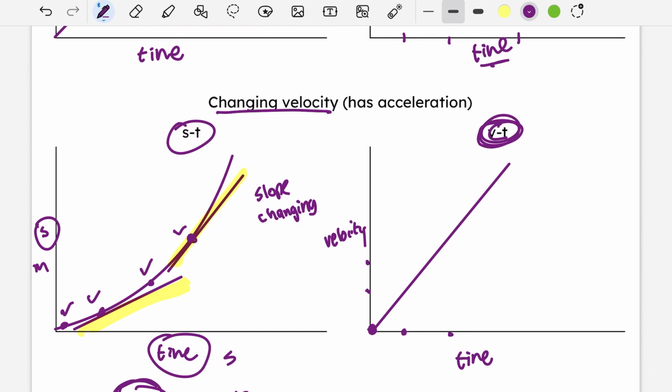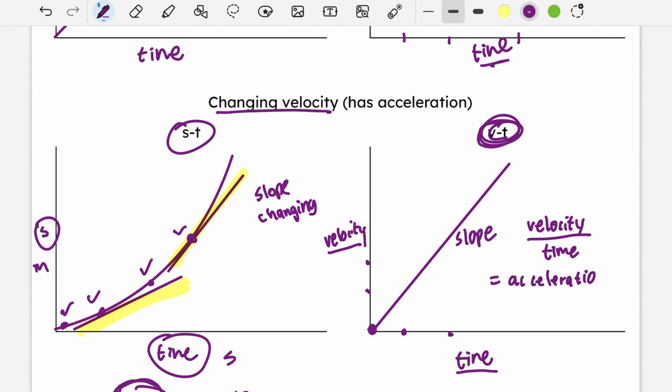All right, so now what we look at is we have velocity over time, and we have a linear line here. So like with any linear line, we can find the slope of this line, and the slope is going to be how the velocity changes over time, and that's equal to acceleration.